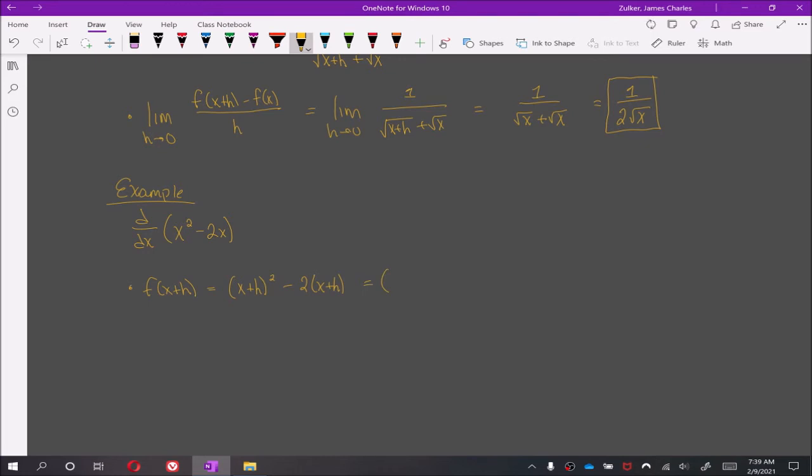So when you square, we'll be left with x squared plus 2xh plus h squared. Then we have that minus 2x minus 2h. I can get rid of these parentheses here. That is as simplified as it can be. However, we can rearrange some terms. I will not do that, though. I will just leave it like that.